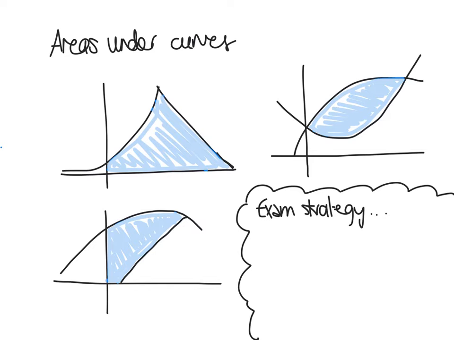The way the exam is going to get tricky is if they give you these kind of compound areas under curves. So the integration bit is fine, but when you are trying to find these total areas, you're going to have to get crafty about how you figure things out. Nearly always a couple of lines helps you out.